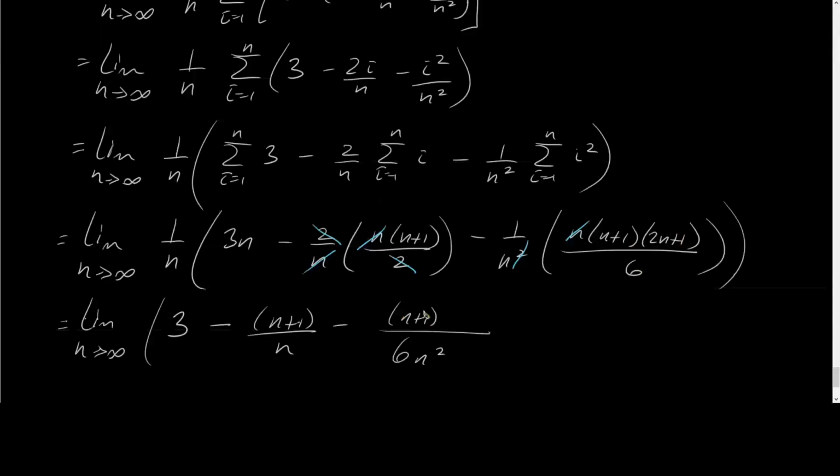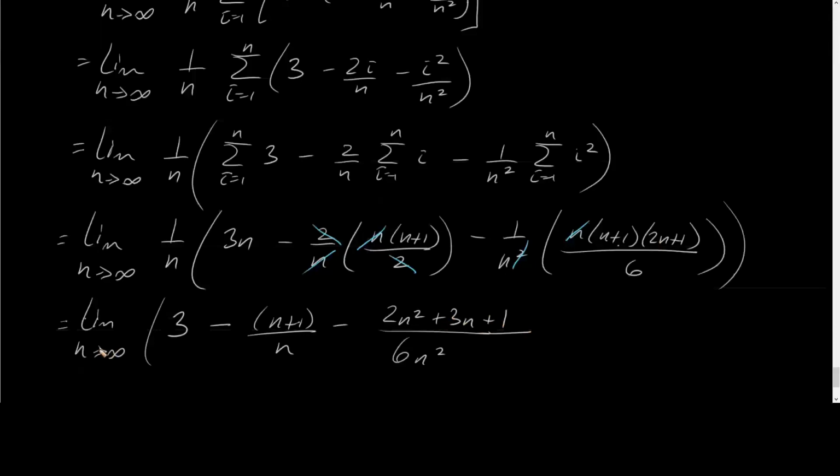Let's actually expand that. n times 2n is 2n². n times 1 is n. 1 times 2n is 2n. So combined, they're 3n. And then 1 times 1 is 1.